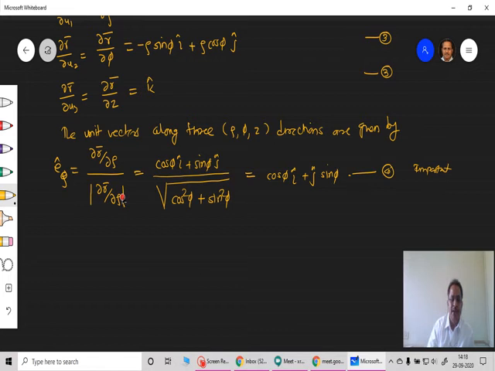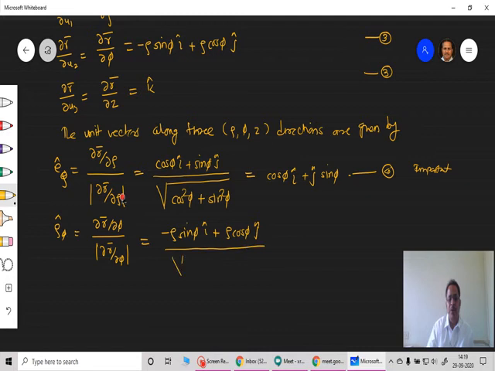Now the next unit vector is E phi cap. That is what we have drawn in the figure, the vector we showed above in the previous figure. It is given by delta r bar upon delta phi divided by the modulus of delta r bar upon delta phi. So you can use equation number 3 in this case, and therefore it is minus rho into sin phi i cap plus rho into cos phi into j cap, divided by the square root of the squares.